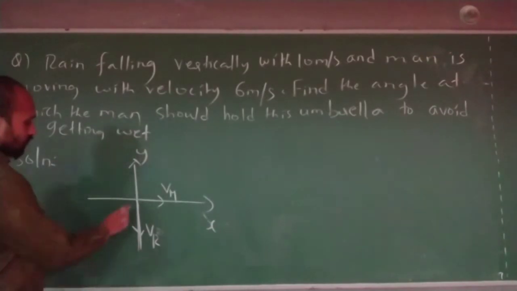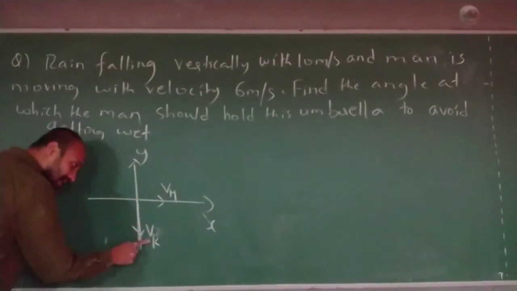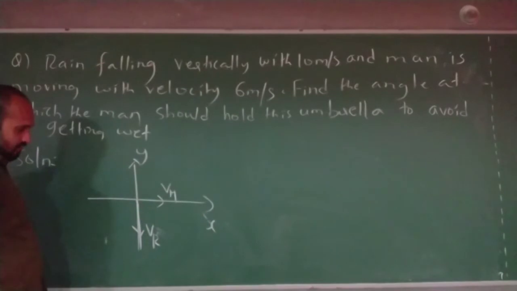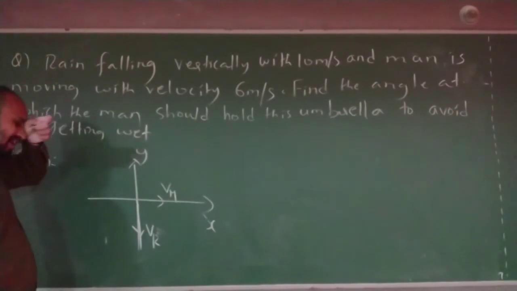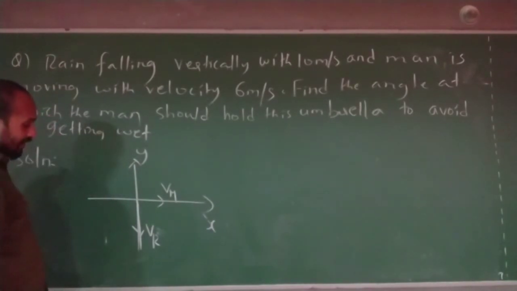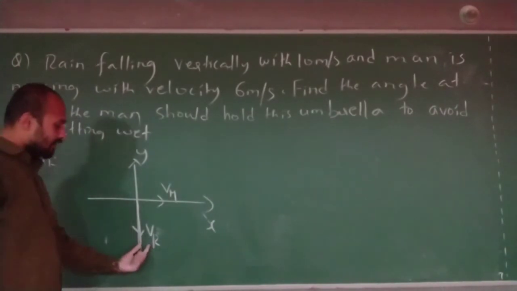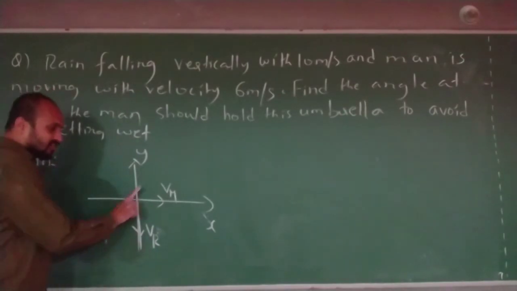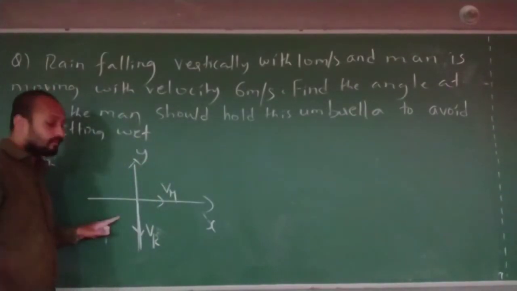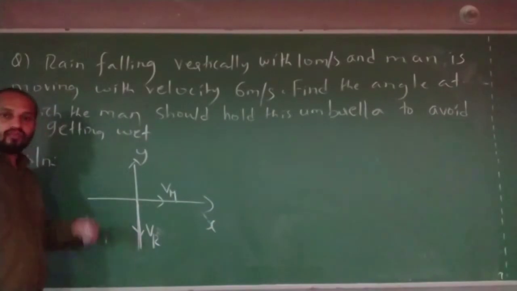Find the angle at which. So, we have to find the velocity of rain with respect to man. If we find the velocity of rain with respect to man, opposite to that I must place the umbrella. I have to find that angle.